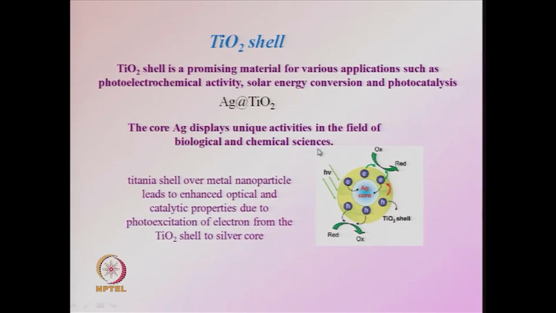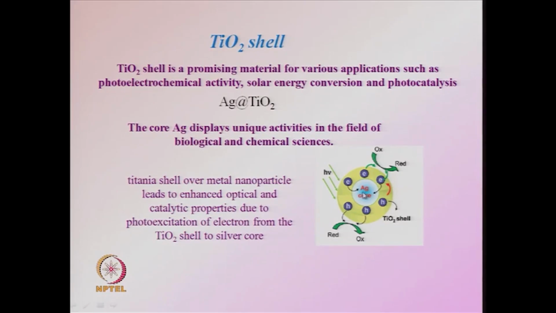So, when light falls on this core shell structure, where this is the silver core and the shell is formed of titanium dioxide, the light generates electrons and holes, and the electrons migrate from the titania shell towards the silver core.